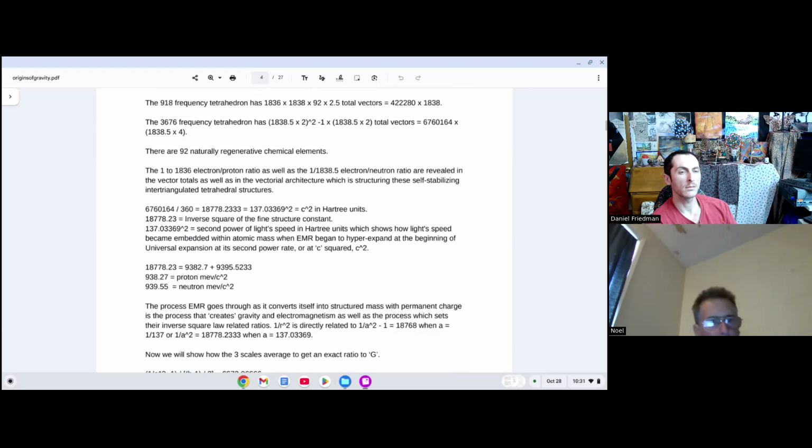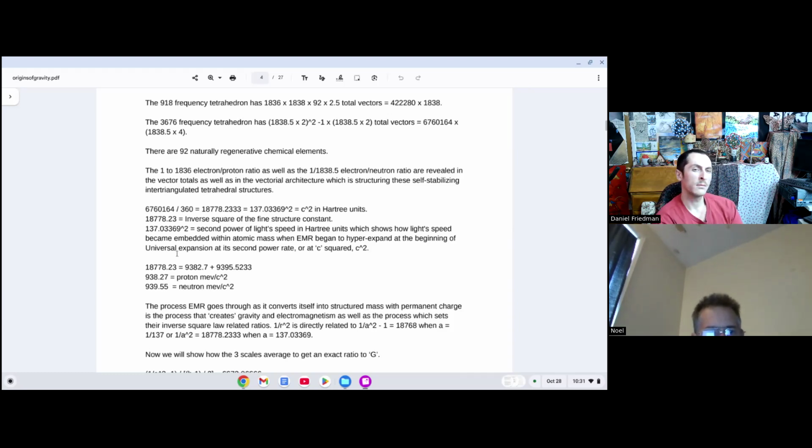So basically, when you take the scales' total number of vectors, right, 6760164, and you divide that by Planck's constant minus 1 times 2, which equals 360 degrees, I'll go over that in a little bit, you get the inverse square of the fine structure constant, right? That's c squared in Hartree units.